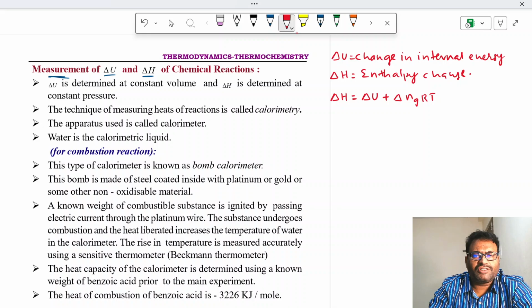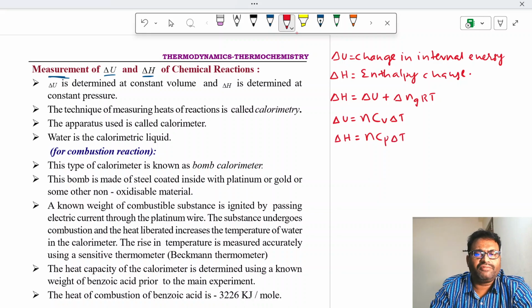And we have also discussed that delta U is equal to n Cv delta T and delta H is equal to n Cp delta T. Now practically, how can we measure delta U and delta H?